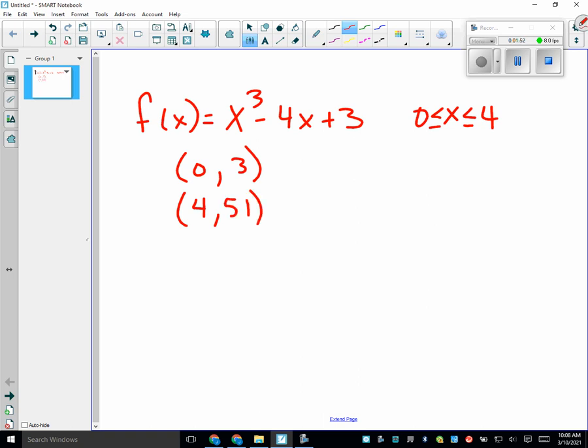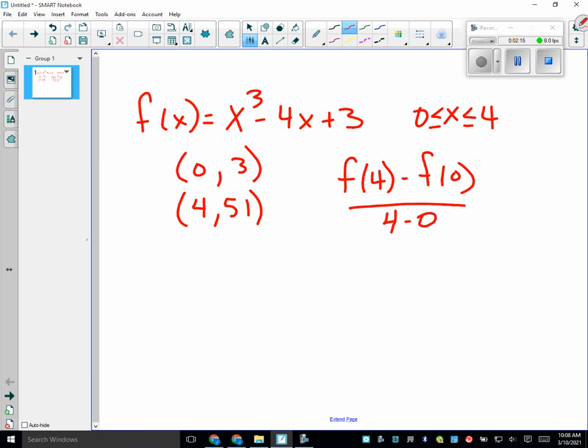Oh, you plugged them in. So what I basically want is f of 4 minus f of 0 over 4 minus 0, don't I? Isn't that slope of the line?